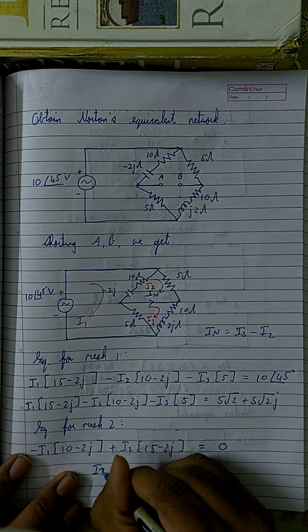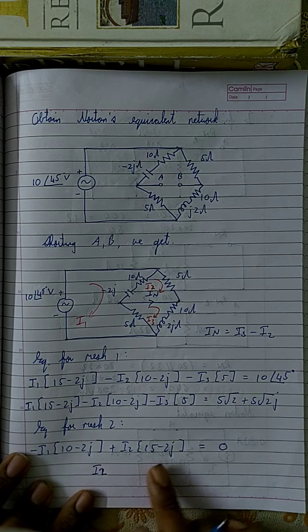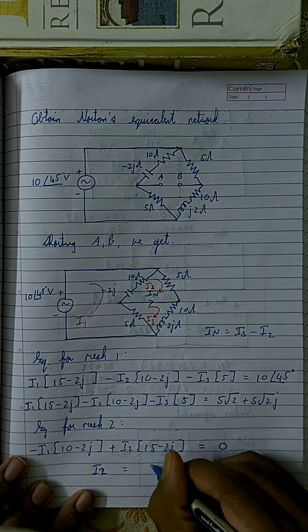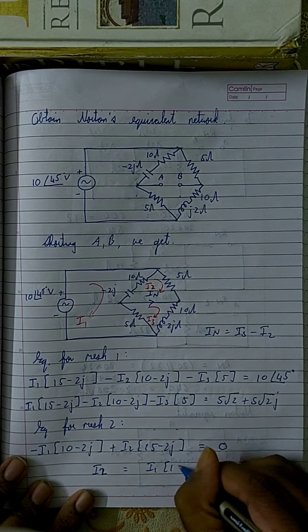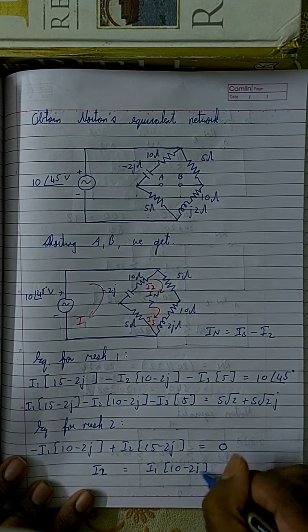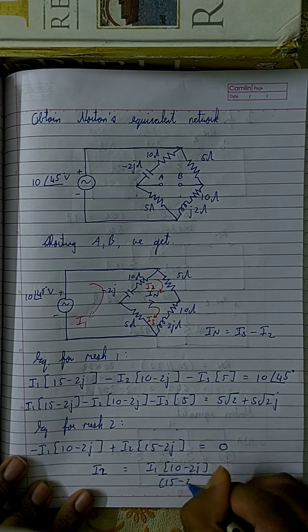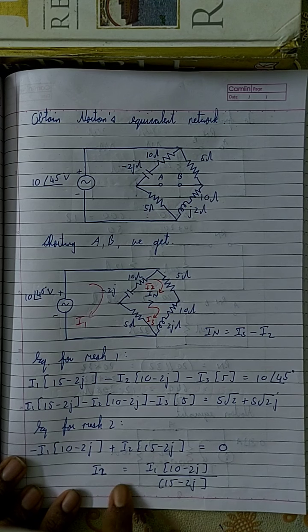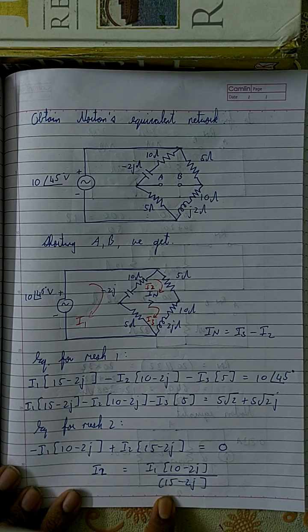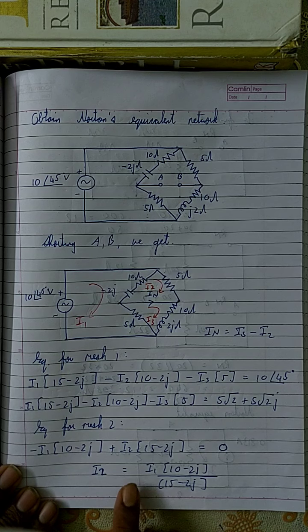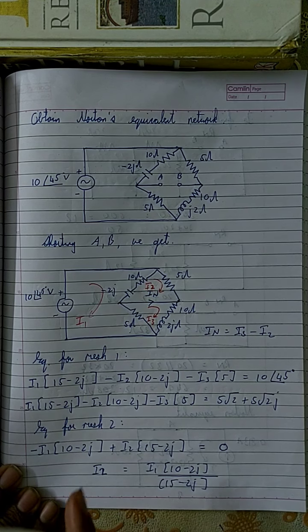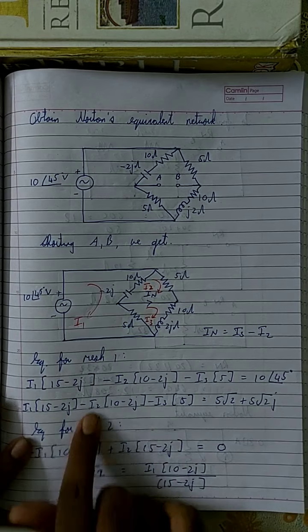I2 is equal to I1 into 10 minus 2j by 15 minus 2j, right? Am I correct? Yes. Okay, this is the equation for I2. So which means I can substitute this equation over here. Let's see what will happen.